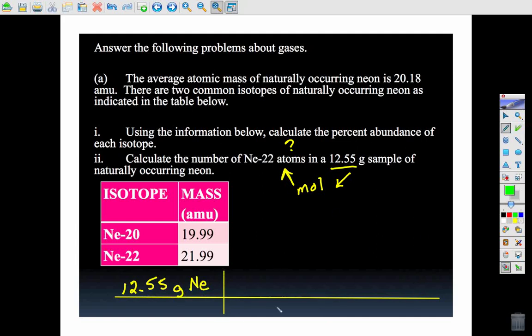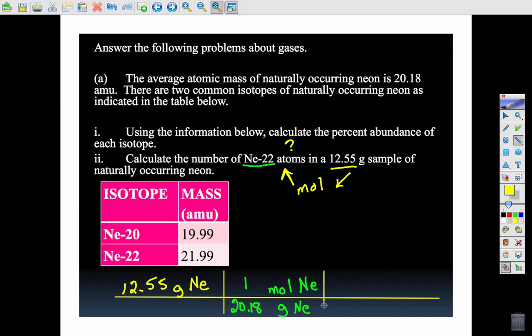Now, I want to get to moles, and I like to do these in 2 steps. Otherwise, I tend to flip-flop conversions. 1 mole of neon is 20.18 grams of neon. Now, here's where it gets a little tricky, because if you look carefully at the question, it didn't ask me for just neon, it asked me for neon 22.